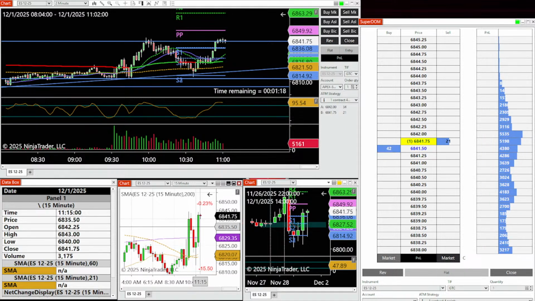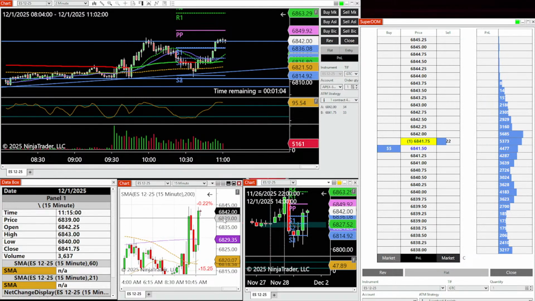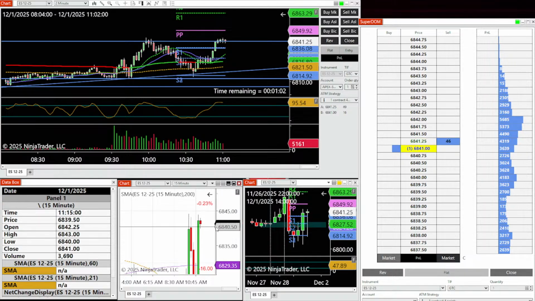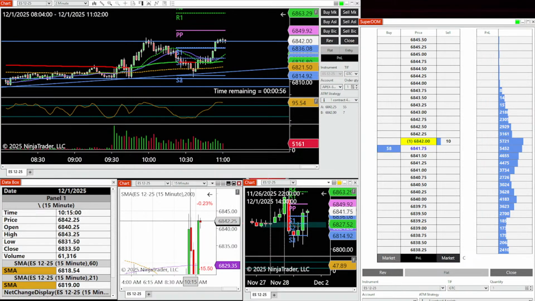Does it go? Close is 42 and a quarter. Do we get the 1-2? It got sold off here, 44 and a quarter. Came up, 44, 3 and a quarter.